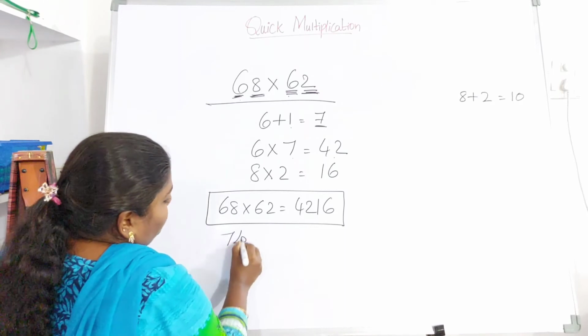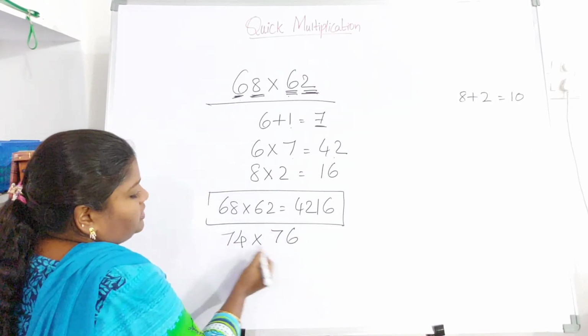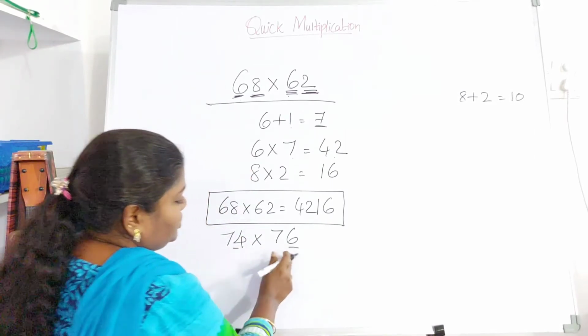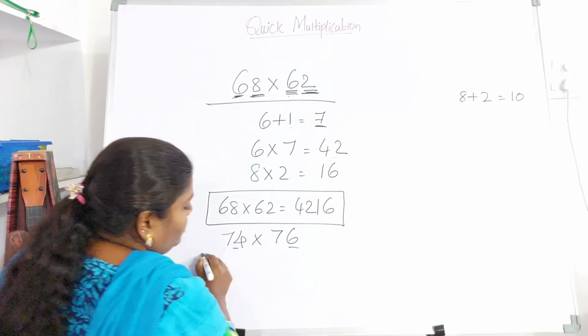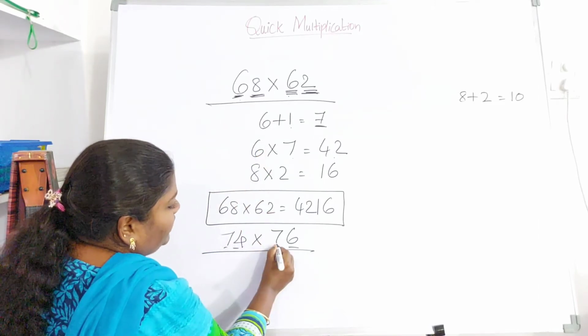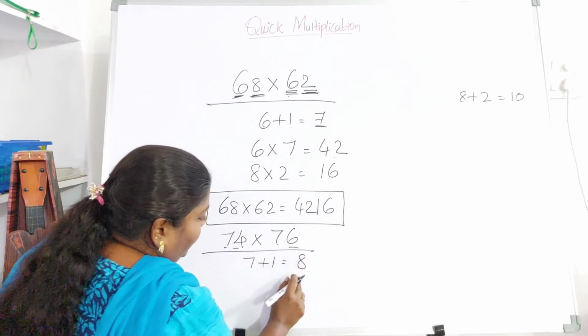Let me give one more example. The next example is 74 into 76. Check whether this satisfies the rule or not. 4 plus 6 is 10 and 7 is repeated. The same method is to be followed: the repeated number is 7, add 1 to it, and you get 8.